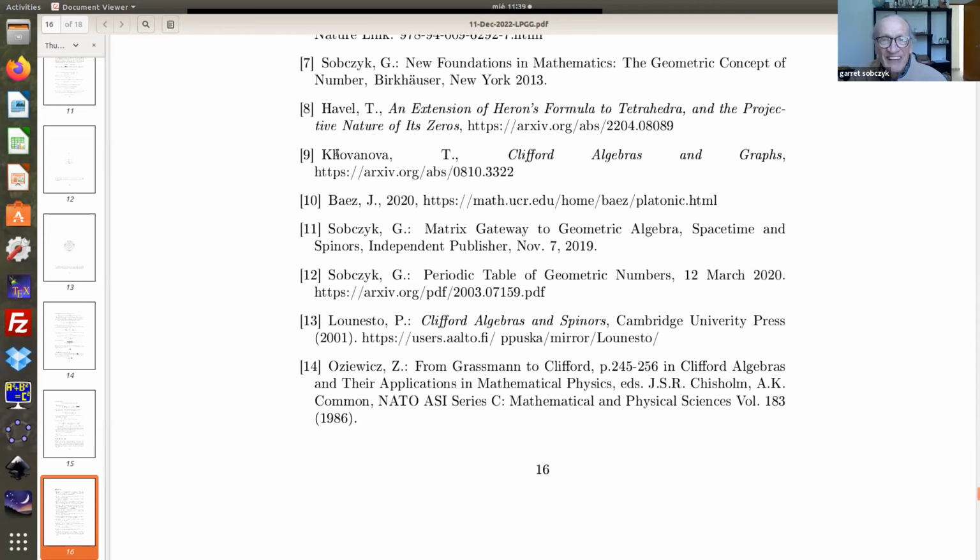His graphics are just fantastic. I'll never have that possibility. Okay, so look at this paper by Tanya Kovanova, Clifford Algebras and Graphs. You can find the paper on arXiv. Very interesting application of Clifford algebras to graphs.